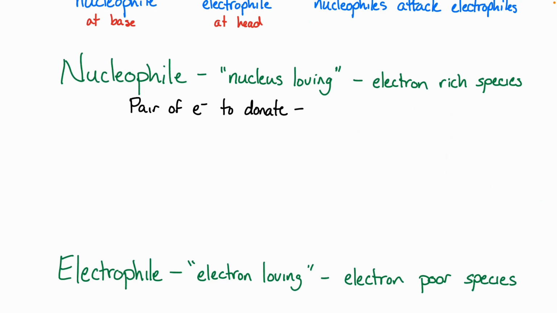Right? The only way that a nucleophile can do that attacking is to give a pair of electrons. And those can either be lone pairs, as is the case with our bromide ion, or pi electrons, as is the case with our alkenes.